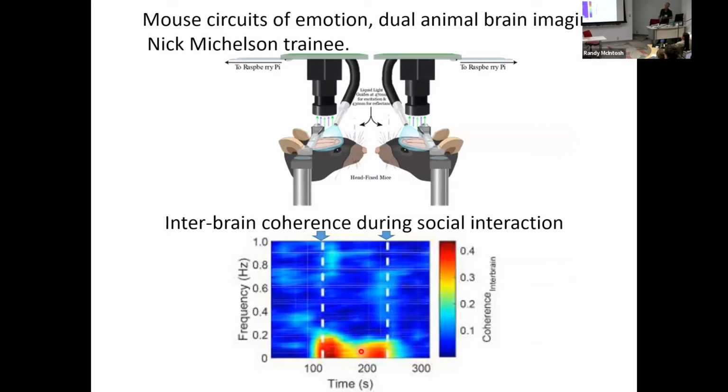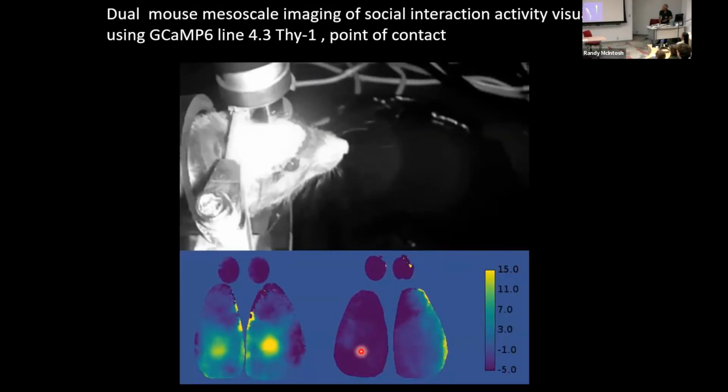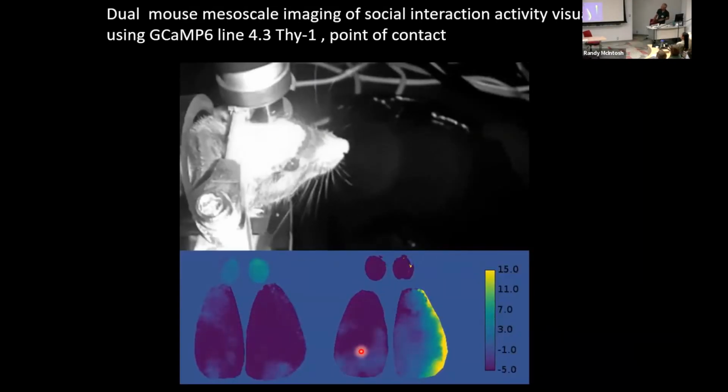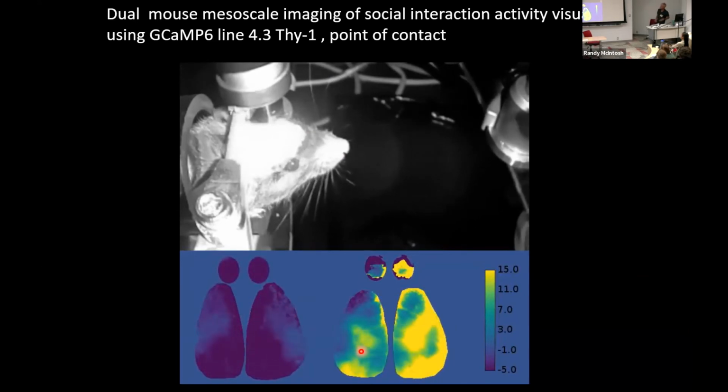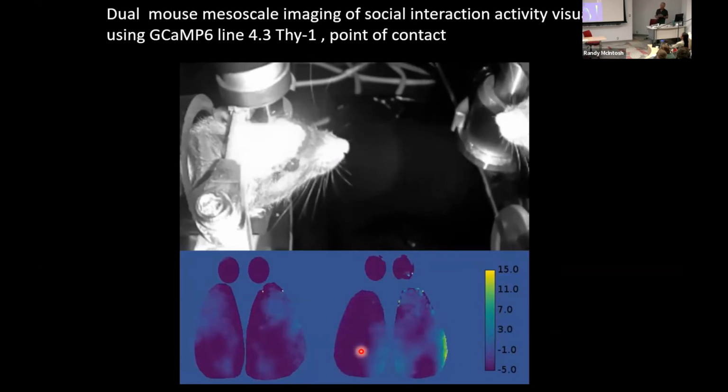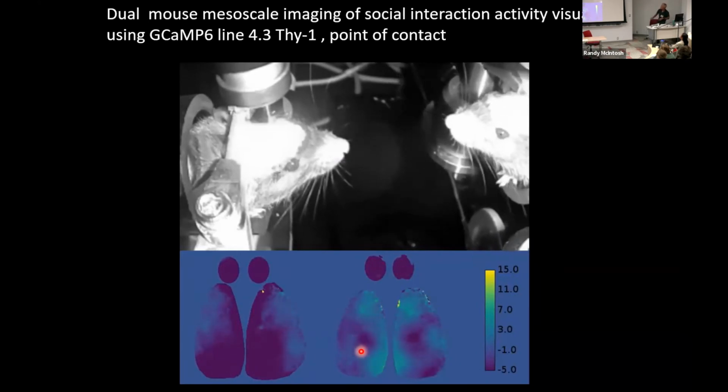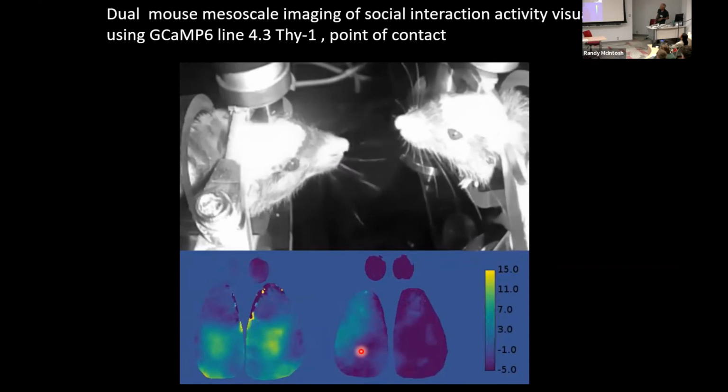We also look at social interaction. We're imaging multiple animals at once, looking at cross correlations between animals. This is a short video clip. We're looking at 2 brains below, the GCaMP functional imaging. We bring a second mouse in. We call it a constrained social interaction, and you'll see a lot of activity here in a second.